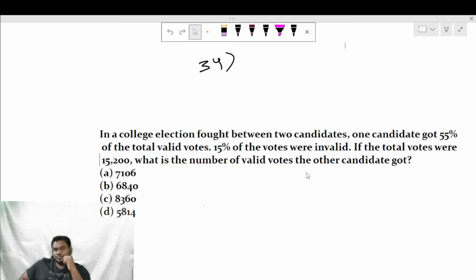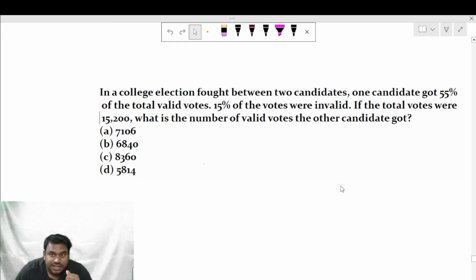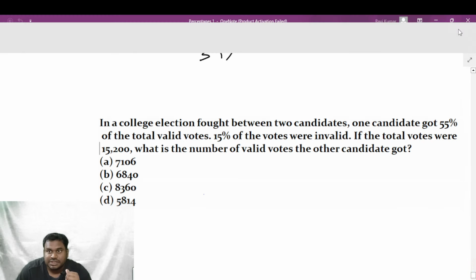See, here one candidate got 55% of the total valid votes. The other candidate got 45%. And not only this, 15% of the votes were invalid, so 85% were valid.